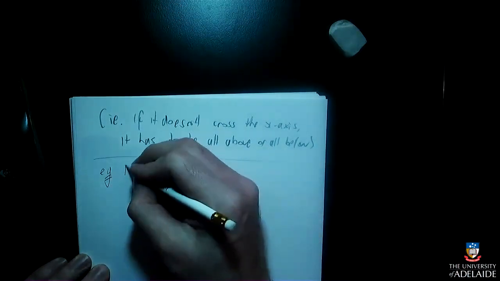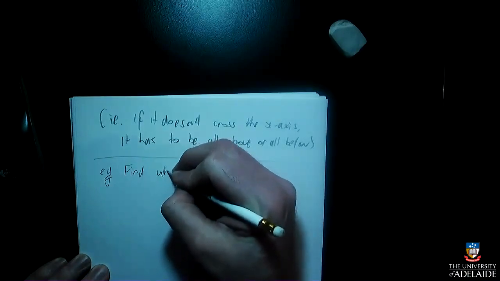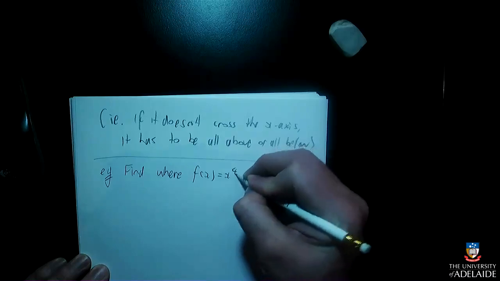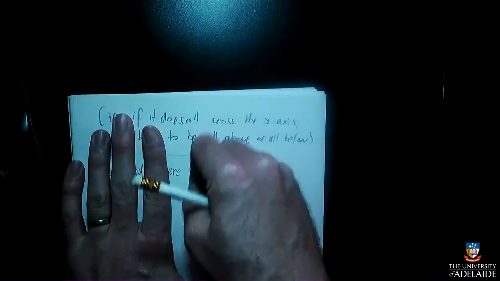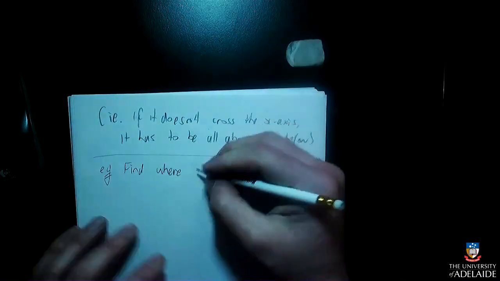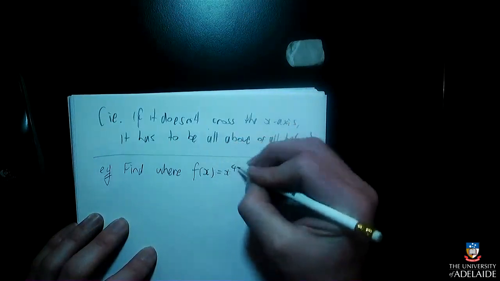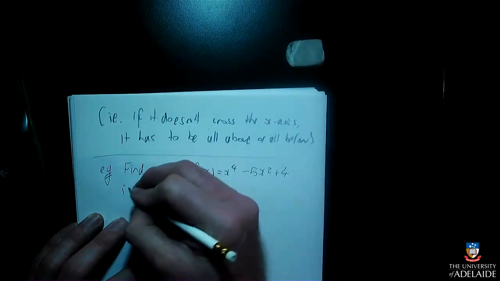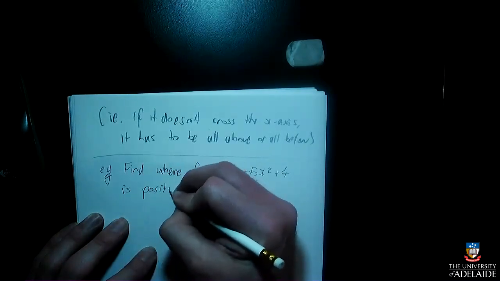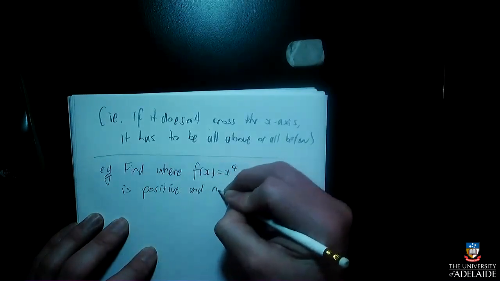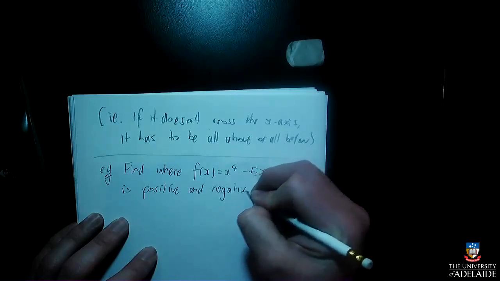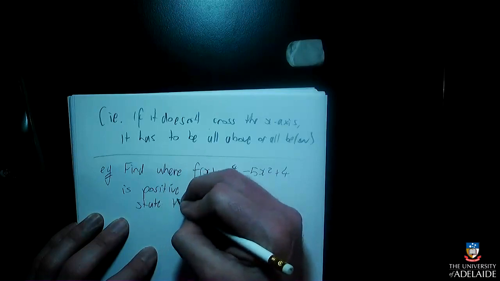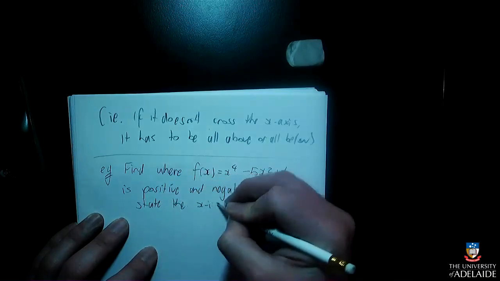So for example, let's find where f of x, which is equal to x to the 4 minus 5x squared plus 4, is positive and negative, and state the x-intercepts of the graph.